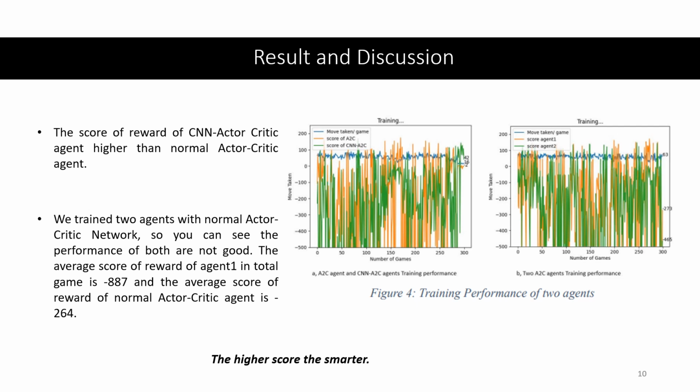The average reward of engine 1 over all games is minus 887, and the average reward of the normal actor-critic engine 2 is minus 264. So we guess the master engine has a higher score.